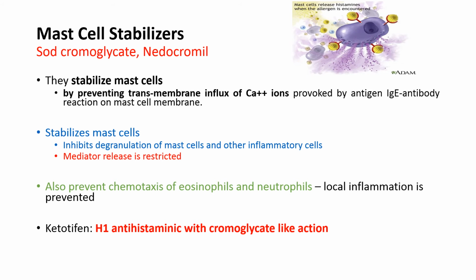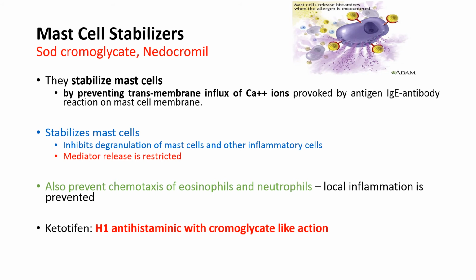So you are ultimately restricting the mediator release by stabilizing the mast cell. And they stabilize the mast cell by preventing the transmembrane influx of calcium. They also prevent the chemotaxis of eosinophils and neutrophils.